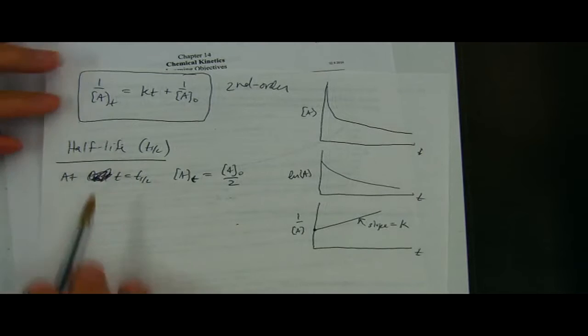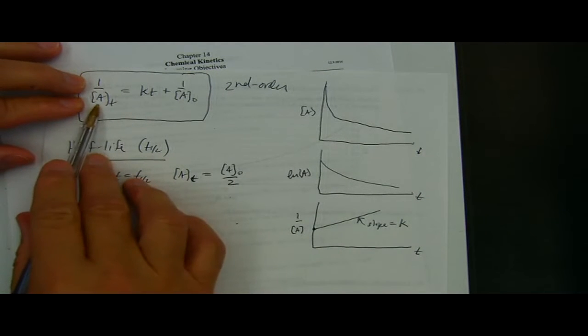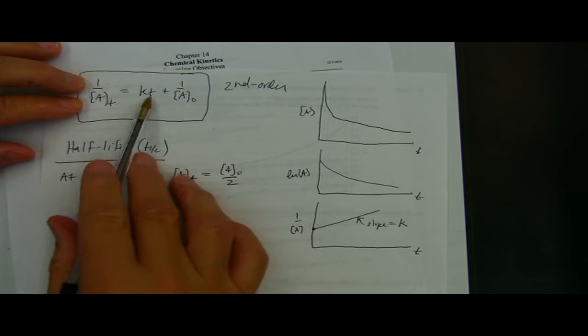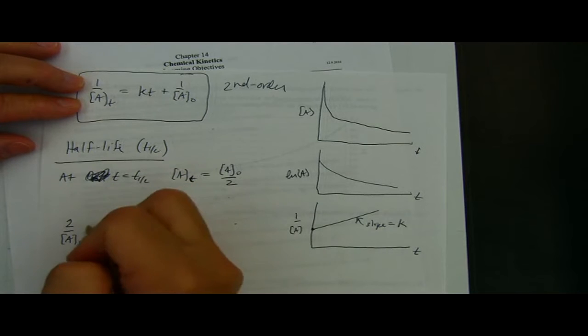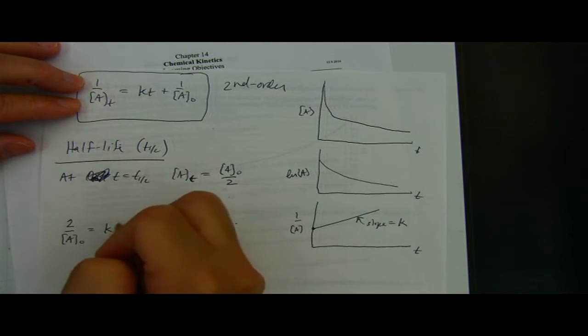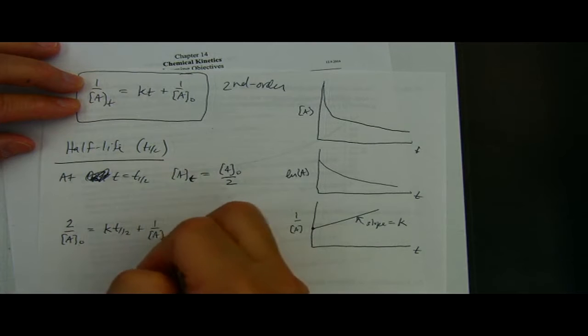Okay, so now we put that back in over here. So what is this value at T equals T1/2? That would be 2 over A naught equals K times T1/2 plus 1 over A naught. Okay, and now we want to solve for T1/2.